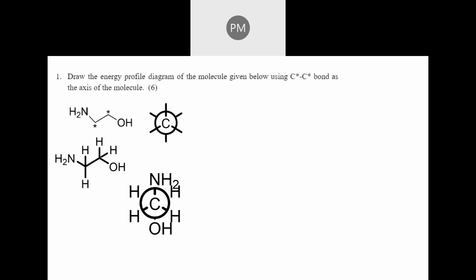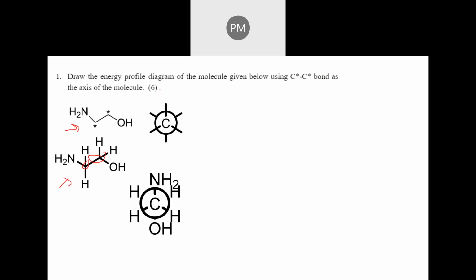So this molecule I have written here. This carbon and that carbon, these two carbons will be fixed like this, and behind there will be another carbon. So if I look at this molecule from this direction, then what will happen?